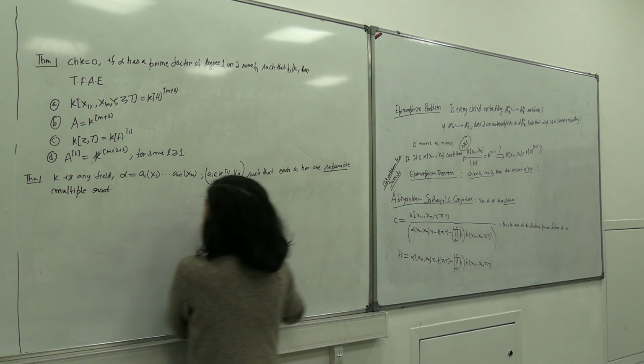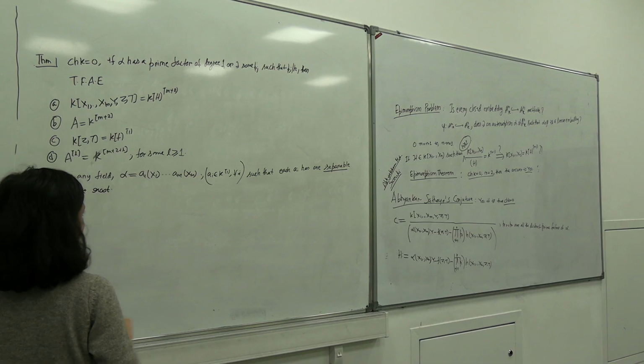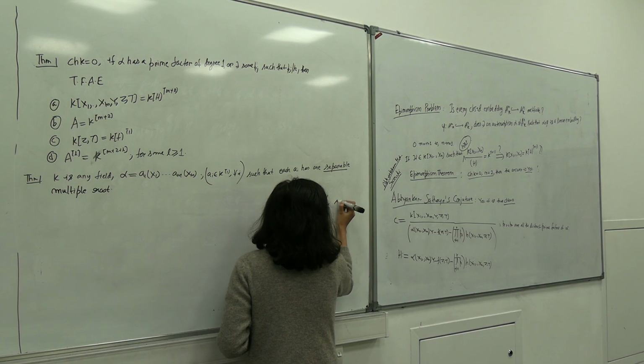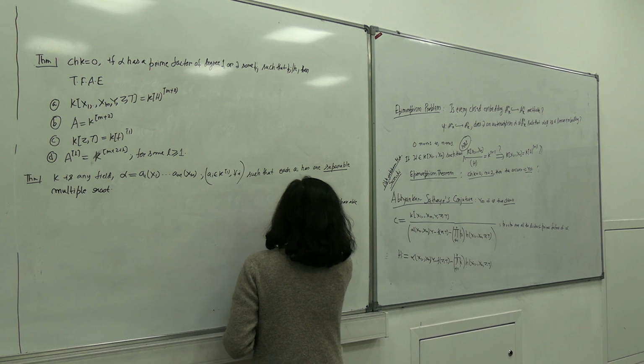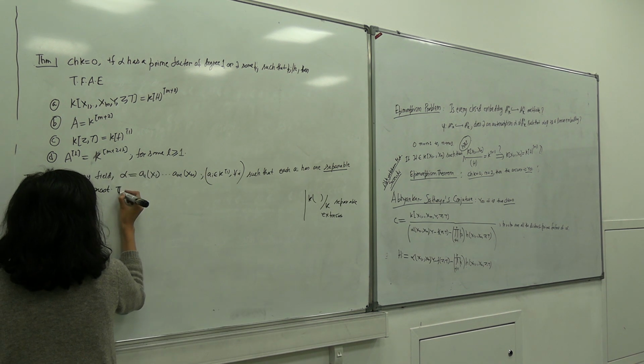That is, there exists a root of ai such that it is multiple and separable, in the sense that k of that root over k is a separable extension. And I need such roots for every ai. Then the following are equivalent.